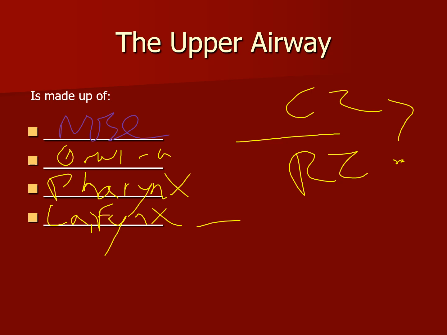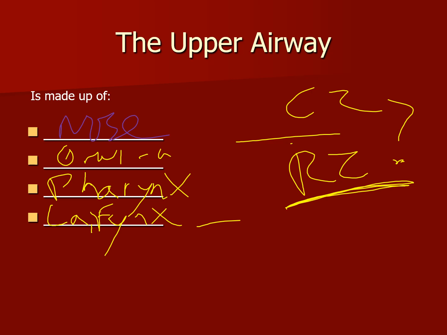Are these considered respiratory zone, where it exchanges CO2 and O2, or are they considered conducting zone, where their whole thing is to clean, filter, transport, heat, and humidify? What's going on here? Is it transporting, filtering, heating, humidifying, or is it exchanging gas with the bloodstream?